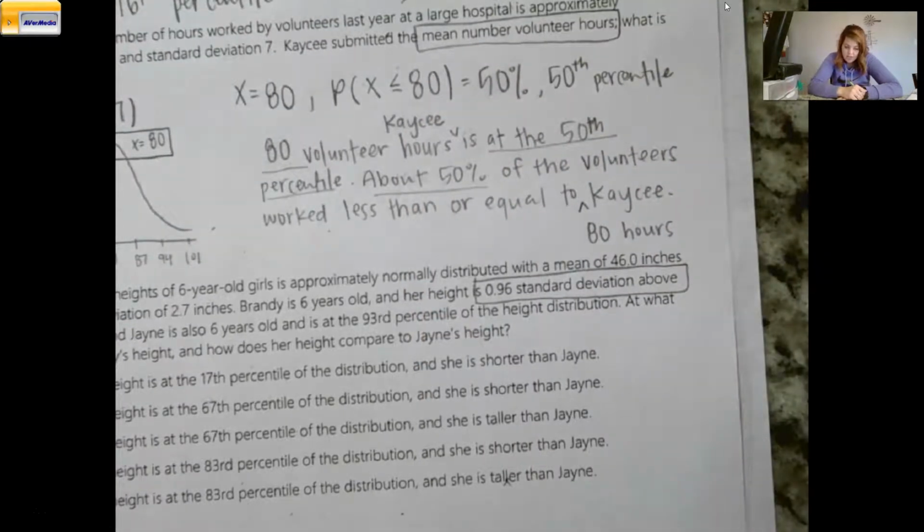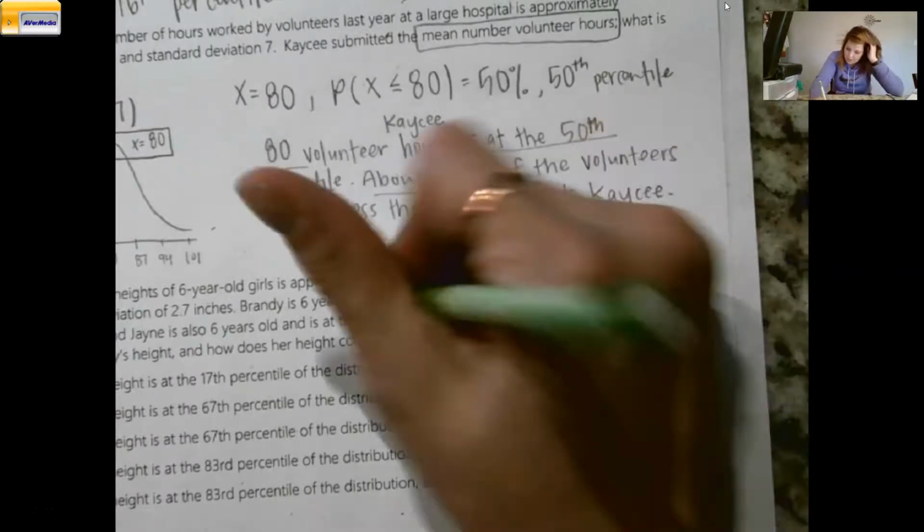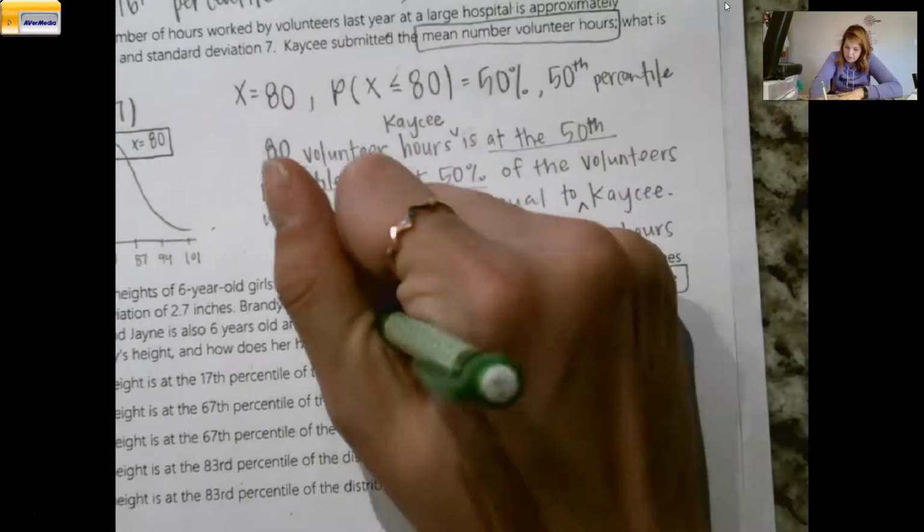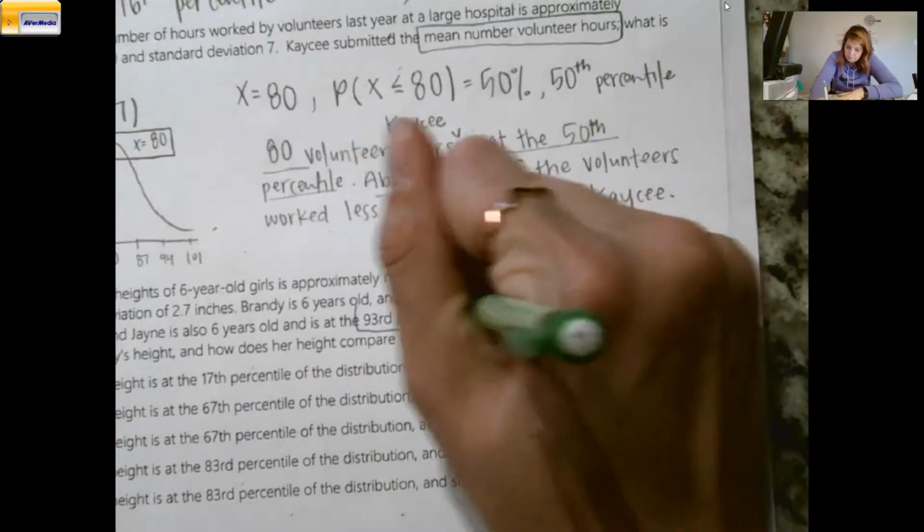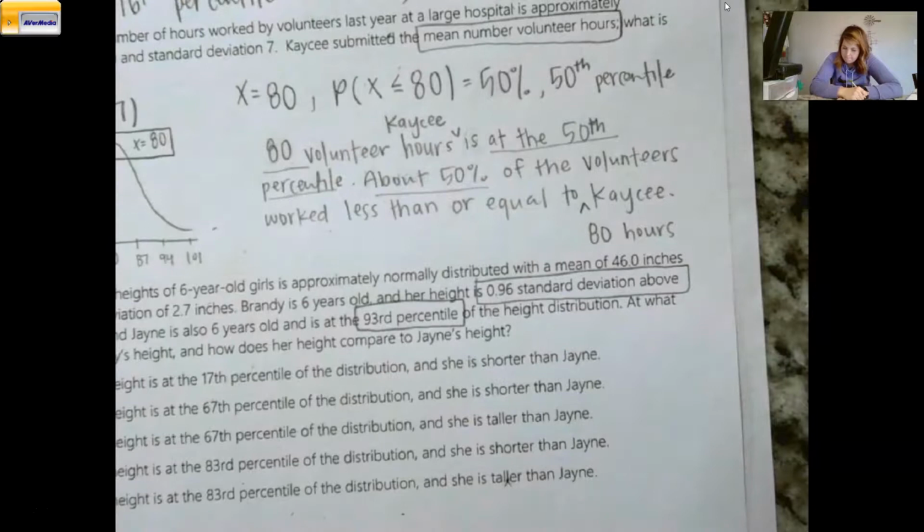Her friend Jane is also 6 years old and is at the 93rd percentile of the height distribution. At what percentile is Brandy's height, and how does her height compare to Jane's?